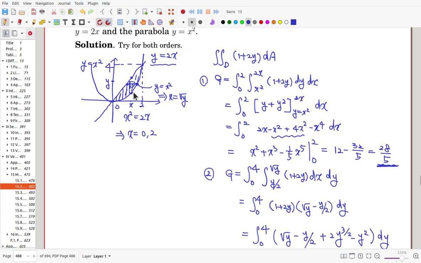But with this access, done in a once and only once manner, you cannot duplicate some points in the domain, or miss any points in the domain. And also in the y direction, after integration, for each y you're accessing the domain horizontally, so that you can cover the domain once and only once.